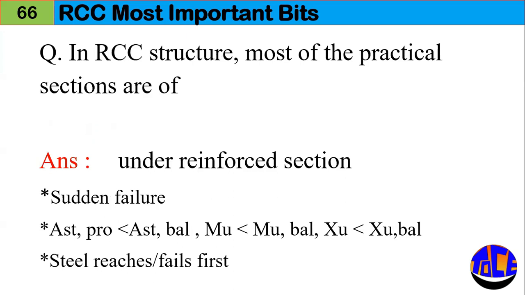Question number 66. In RCC structures, most of the practical sections are under reinforced sections, and under reinforced sections are the most recommended ones.